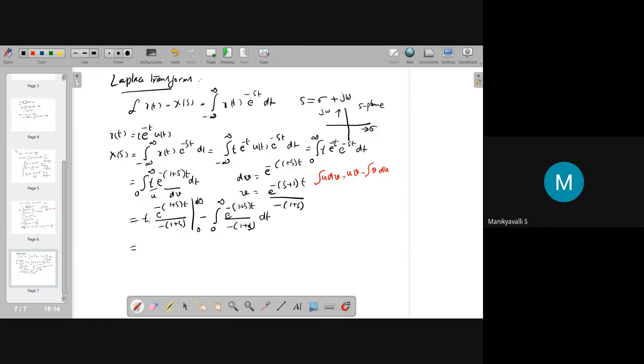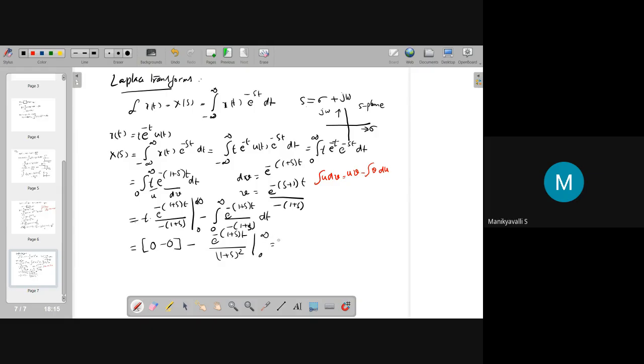Now here if we substitute upper and lower limits in the first part, e to the power of minus infinity is 0, and if you substitute t equal to 0 here, we will get 0, right? 2 zeros. Minus, here the integral of this one is e to the power of minus of 1 plus s t by 1 plus s whole square with limits 0 to infinity.